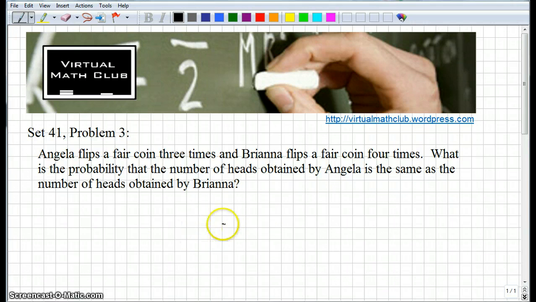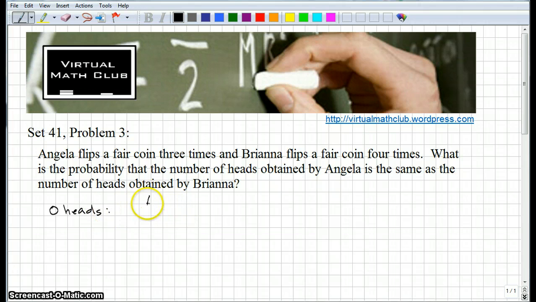Well, on this one, I used casework. I looked first at the case where nobody gets any heads. So that's our first case.